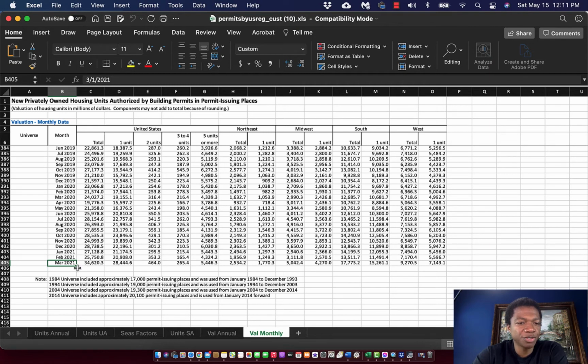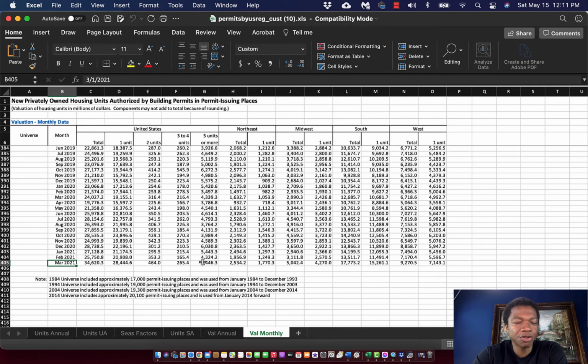And so in March of 2021, we can see that there was a good bit of increase in the spending on permits as opposed to February. Looks like February was down a little bit from January, but we can see that March is certainly increased. For 1 unit, things are up. For 2 units, looks like things are up.